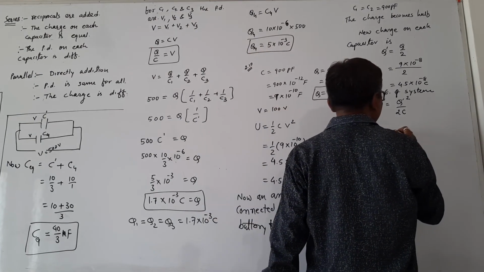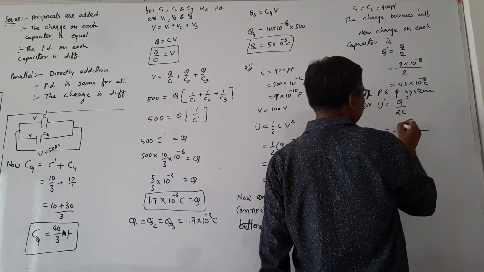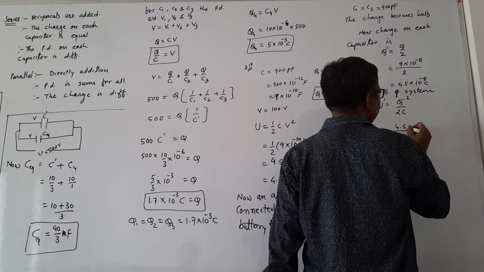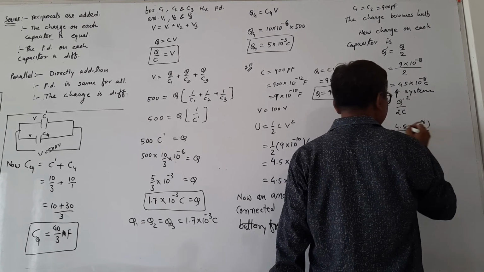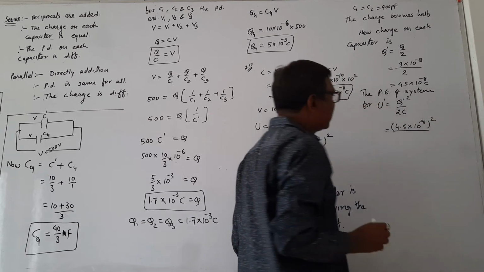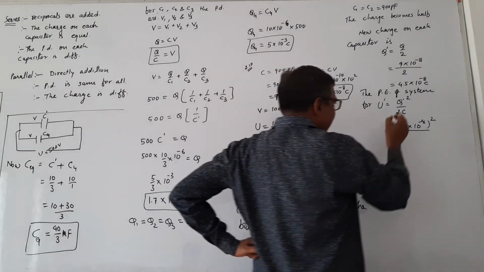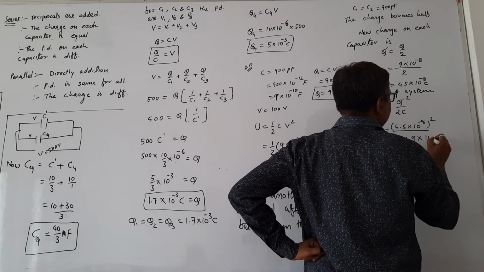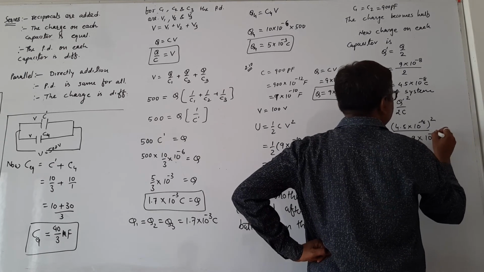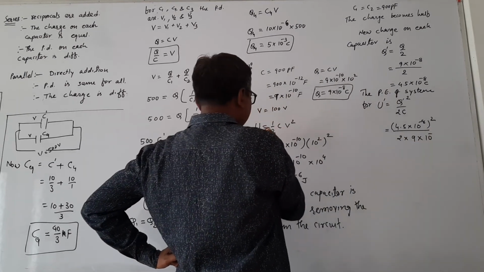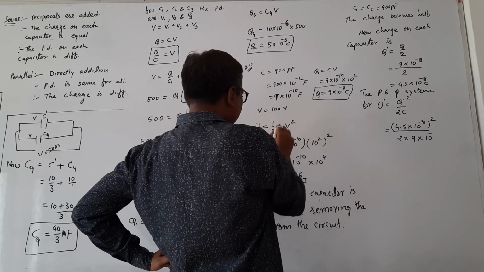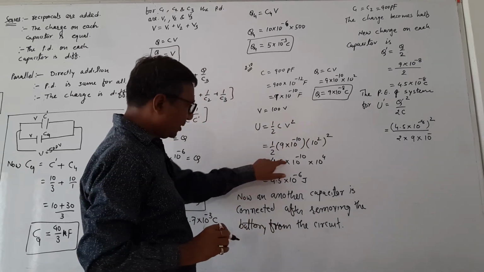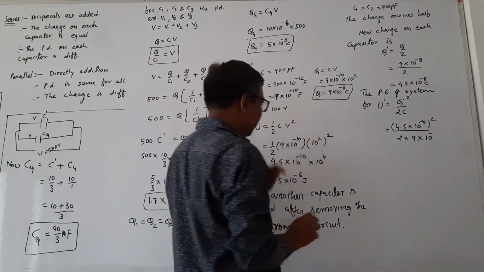So Q dash is 4.5 into 10 raised to minus 8, whole square, divided by 2 into 9 into 10 raised to minus 10, where C is 10 raised to minus 10.